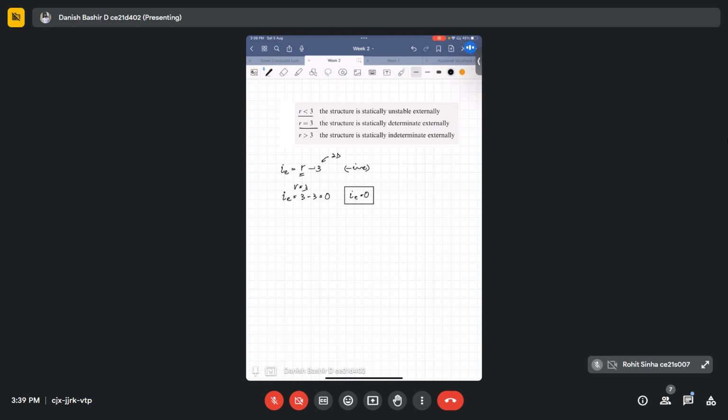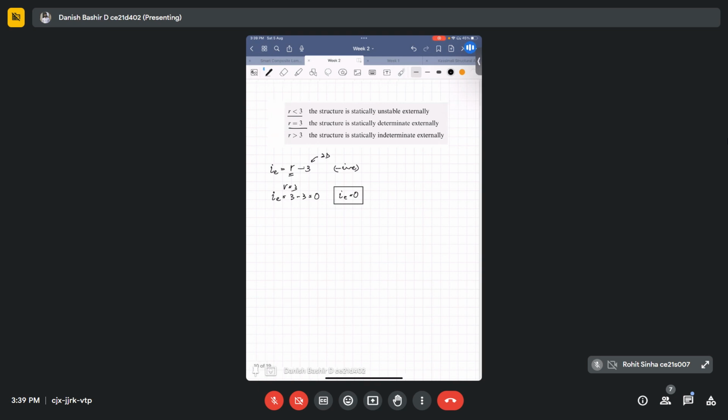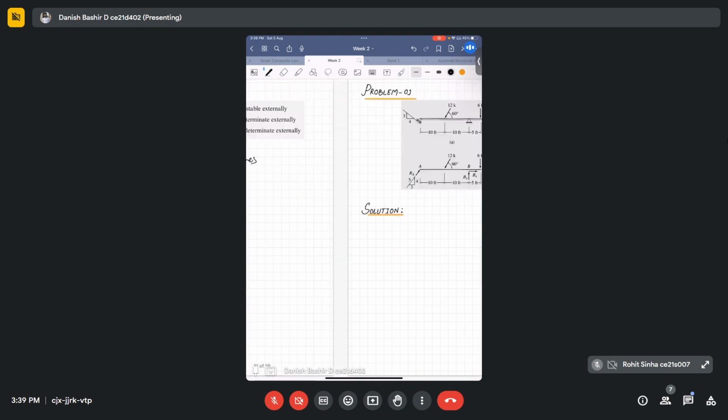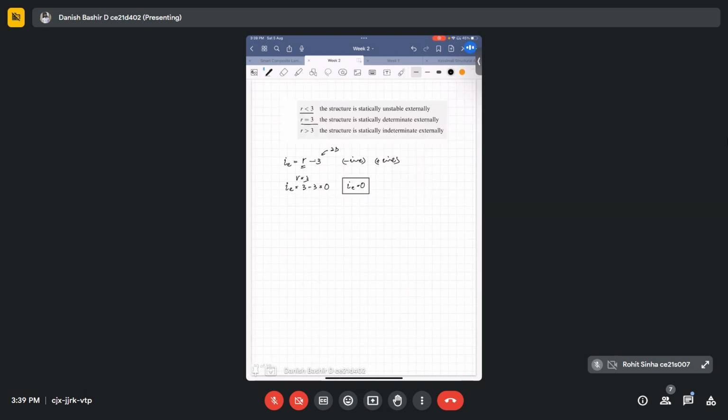And if R is greater than 3, then the structure will be statically indeterminate, because for R greater than 3, I will be positive. And for all positive cases, there is a degree of indeterminacy, and there will be a redundant reaction in our structure.